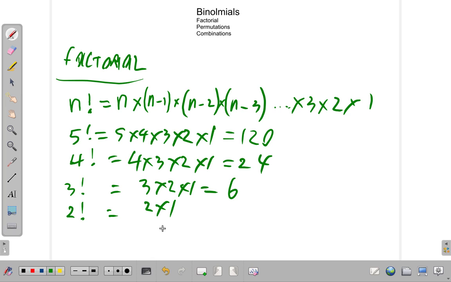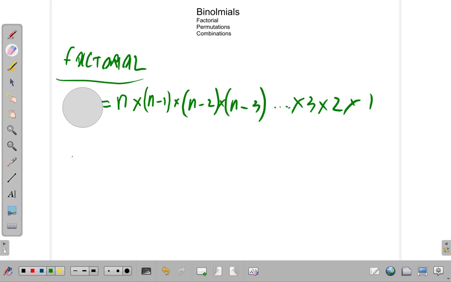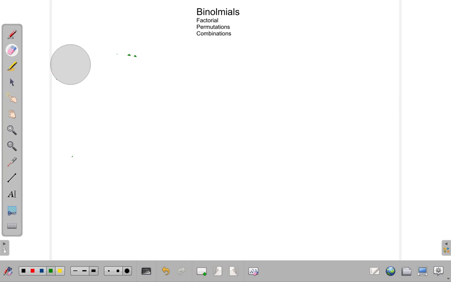Now, permutation. What is this all about? So, let's look at this issue of the permutation of a number, all right? Or I might say permutation of objects, rather. Now, permutation is really an arrangement where the order matters. All right?